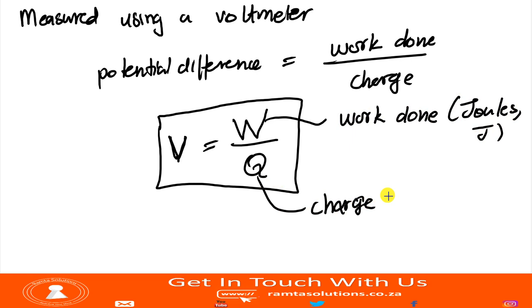Charge is measured in coulombs, with the letter C. And of course, potential difference is measured in V. This is all that you need to know regarding potential difference.